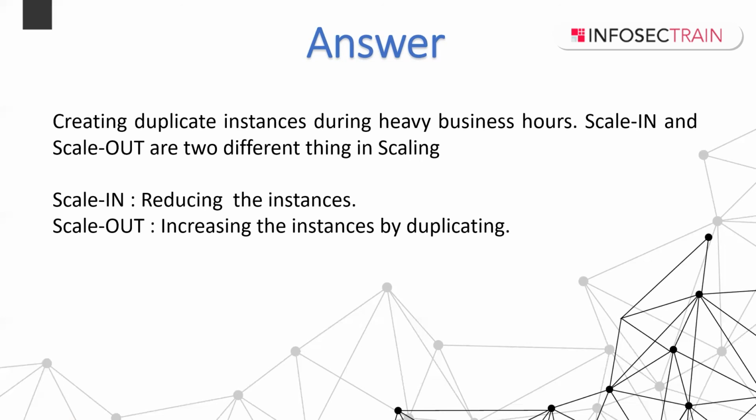But on normal days, you don't have much requirement or many requests, then you can go for auto scaling. If you have enabled auto scaling, as the spike increases, duplicate instances will be created by AWS automatically. And in auto scaling, we have two different things, called scale in and scale out. Scale in is just reducing the instances, and scale out is increasing the instances by duplicating.